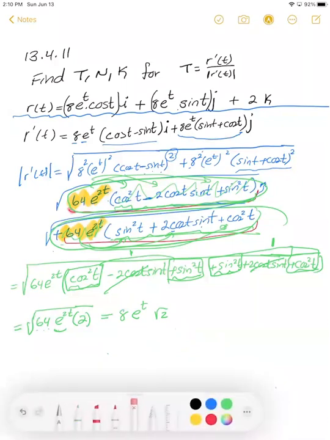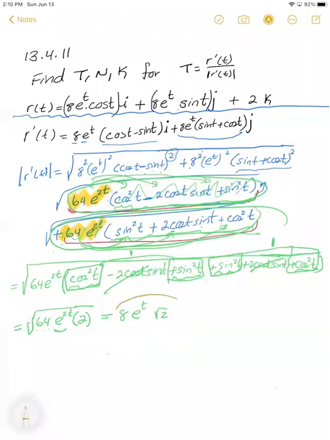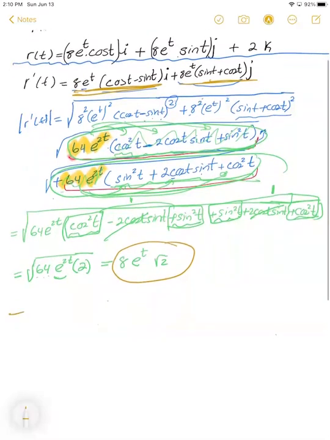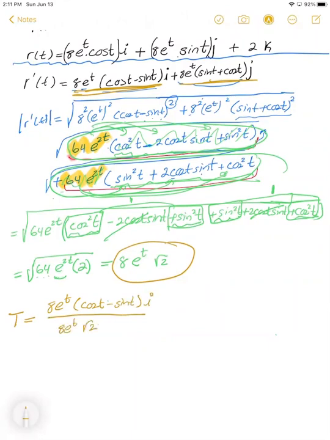So the whole thing is the magnitude. I have to divide this magnitude by this component and that component. So T, which is the unit tangent vector, is going to be 8e^t (cosine t minus sine t) i divided by 8e^t square root of 2, plus 8e^t (cosine t plus sine t) j divided by 8e^t square root of 2.